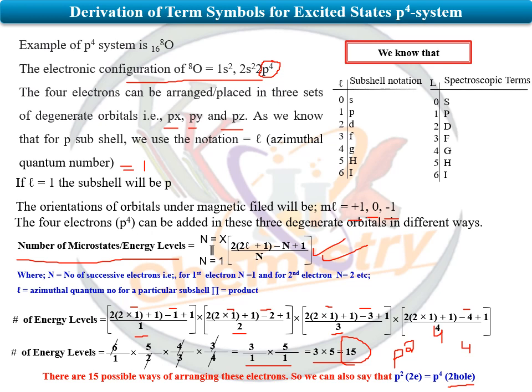You can perform the excited state derivation for p2 instead of p4, because we know that the p2 system is equal to p4. Just to avoid confusion in deriving the p4 term symbols, you can also calculate it for p2, but keep in mind that the ground state will be the one for the p4 system having the higher J value.